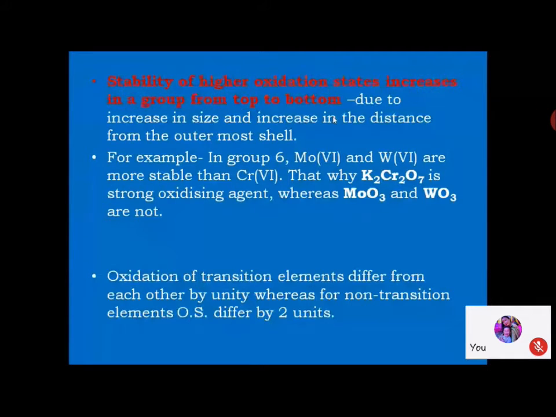So the +6 oxidation state becomes less and less stable than +4 on moving down the group. And what was the reason? What was the reason?